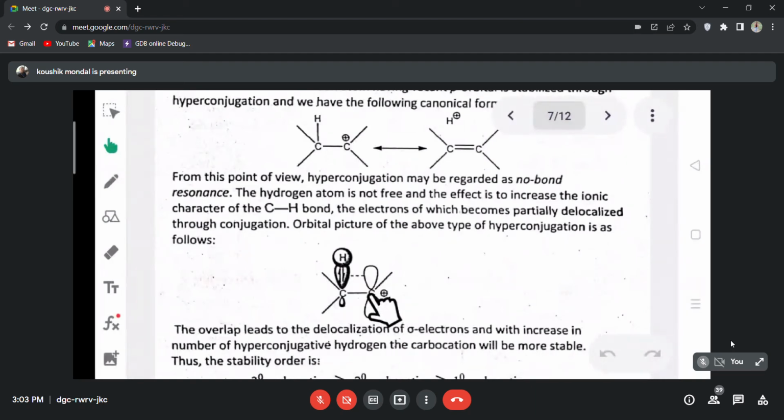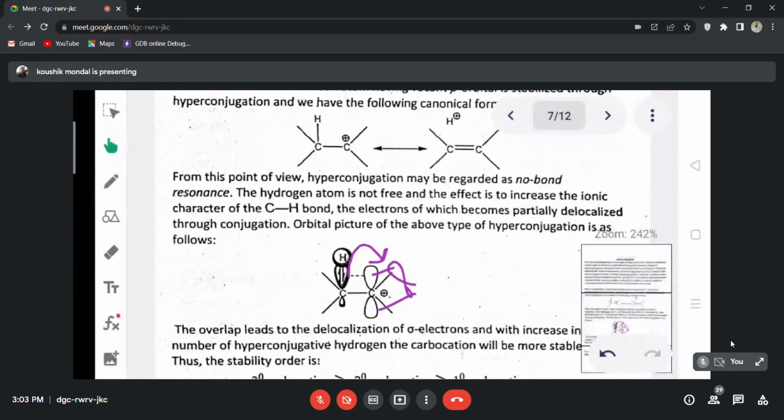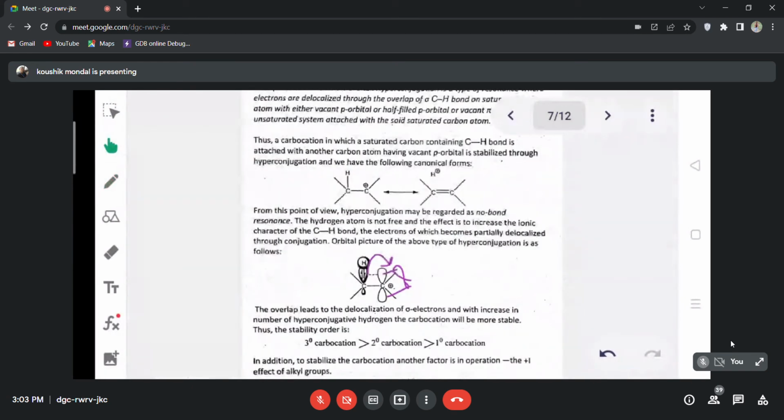It can be either this carbocation or this type of pi bond. Then this C-H bond electron can be donated over there. So this can be another kind of hyperconjugation.